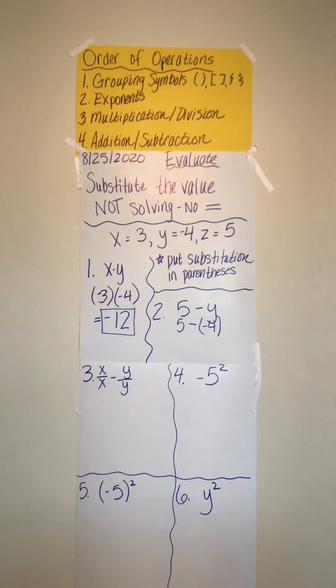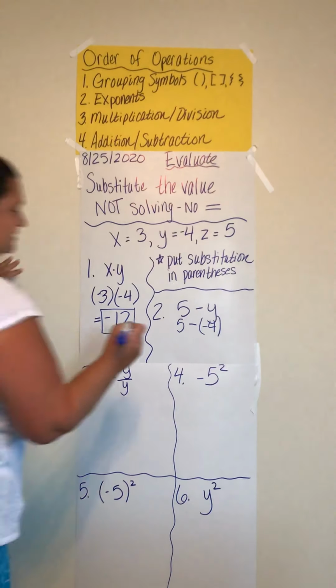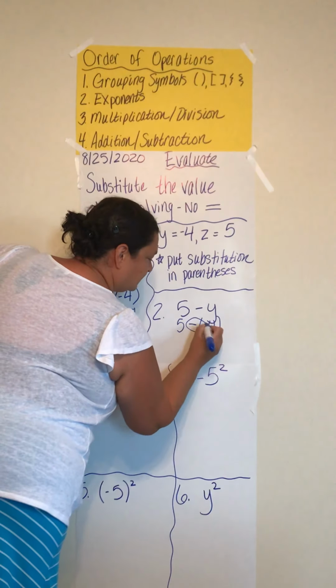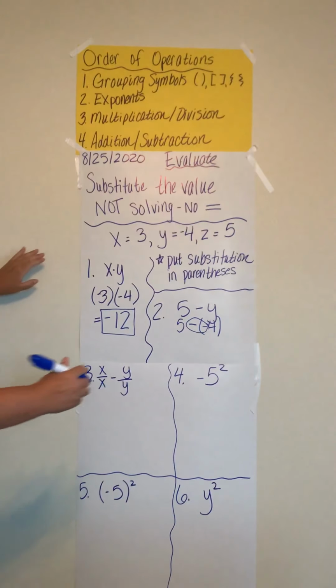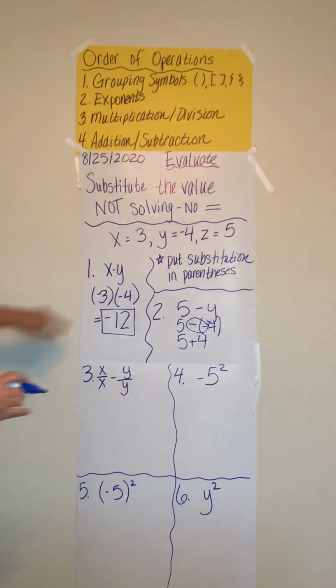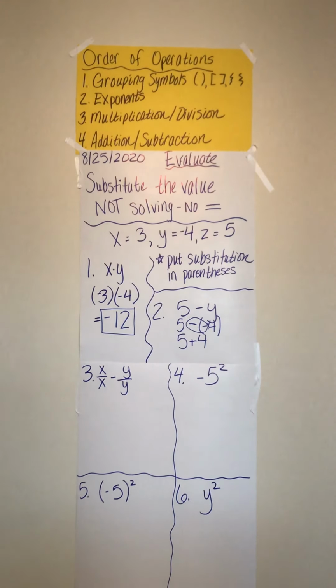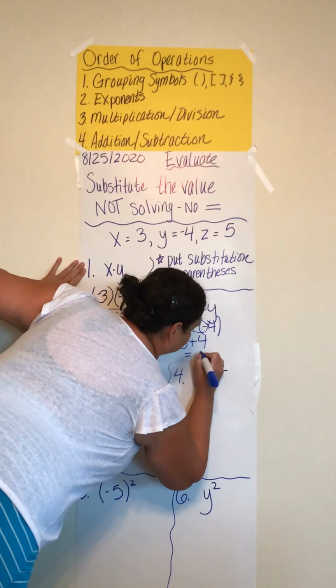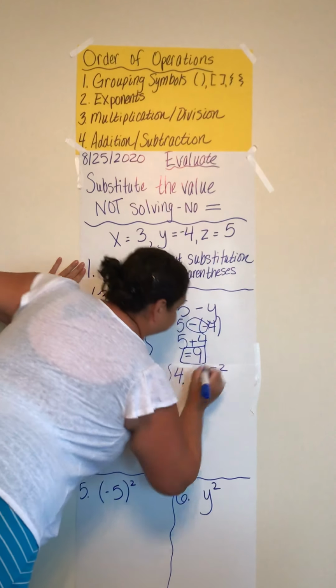Now, if you were with Mr. Carlos and Mr. Nimmons last year, they did a thing called circle the derbies. So we'll circle, because two negatives become a positive. So you'll circle the derbies. Again, that's if you had Nimmons and Carlos. So now our math problem is simply 5 plus 4. 5 plus 4 is regular.